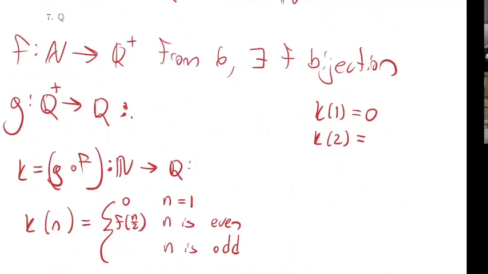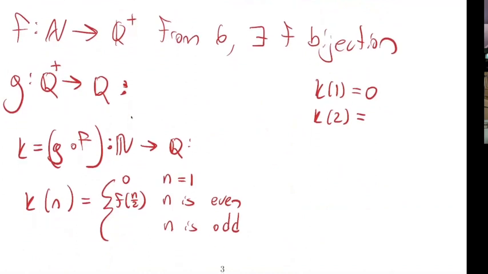And then I'll use all of the odd ones to map to all of the negative rational numbers. So it's kind of a takeoff of what we did when we went from the natural numbers to all of the integers.